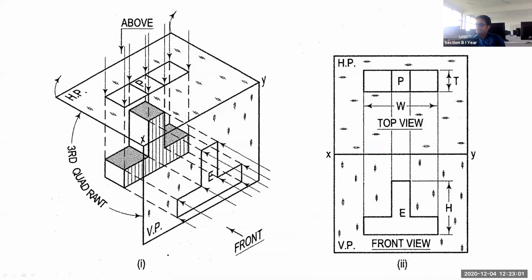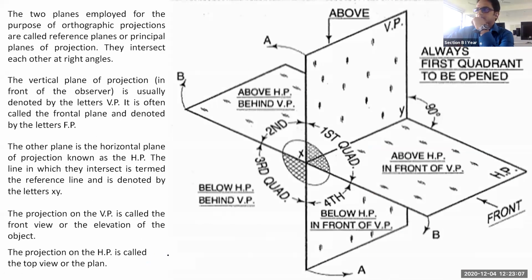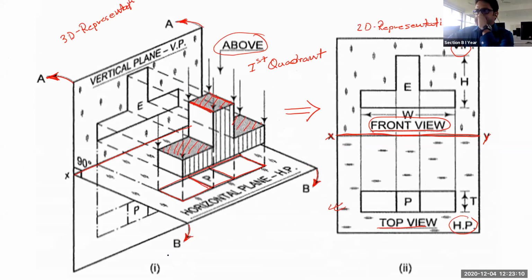Now, what is the difference in the slide that is here in front of you and the slide we have solved here? Here you will see the object is placed in first quadrant. So the front view was coming over here above your reference line, and top view is coming below your reference line. Object is placed in first quadrant. Keep in your mind.